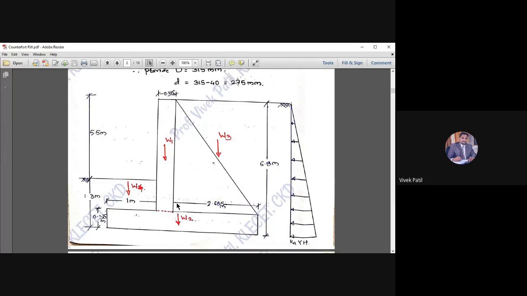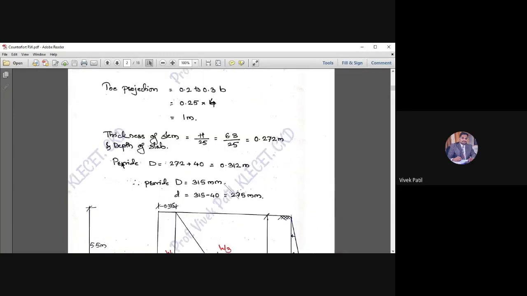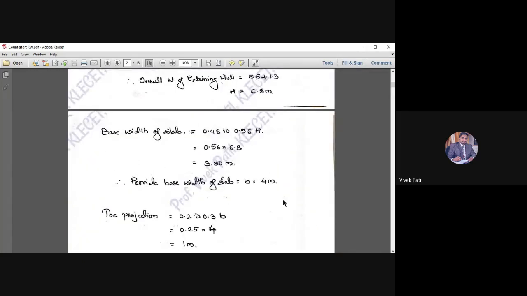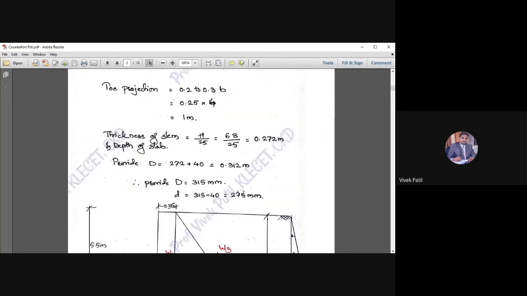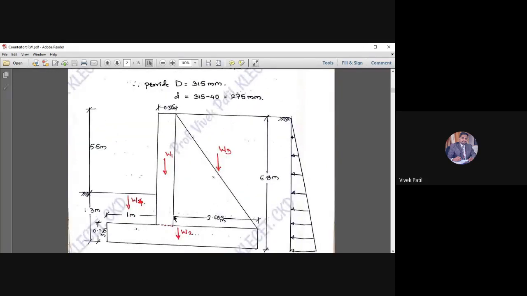This is 0.315. This is 1.315. Total width of slab, I think, is 4 meters. Just check whether this particular heel projection is 2.685: 4 minus 0.315 minus 1.